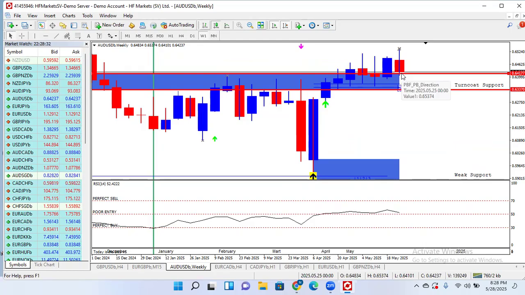This weekly candle you are seeing, if you look at it, you will see we have blue inside and a red body. That blue inside is showing you there is more bullish momentum, right?